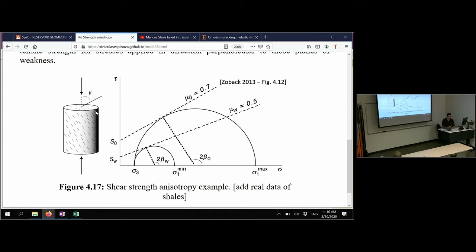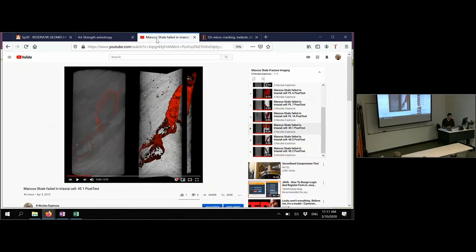If you were to load this rock with these interfaces perpendicular to the load, the load would not feel those interfaces, will not put any shear on those interfaces. And I have a nice example to show that, and it's this video over here.